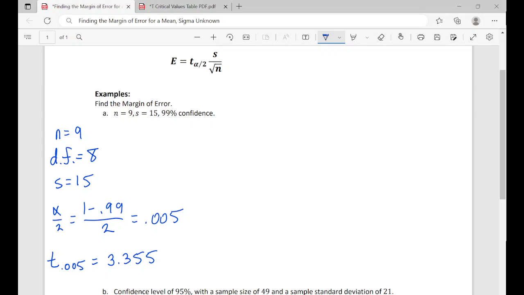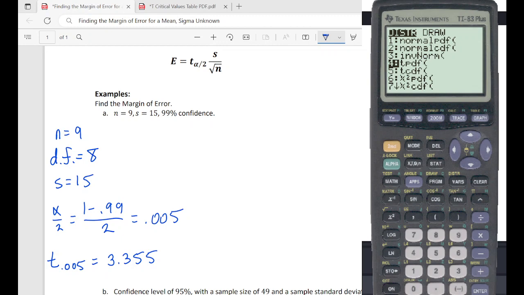Now you can also use a calculator, but unfortunately the app that I use for my tablet does not come with the ability to do that, but I can guide you towards it if you have an 84. Under second vars is where you would go, and number 4, but on mine, number 4 shows TPDF.